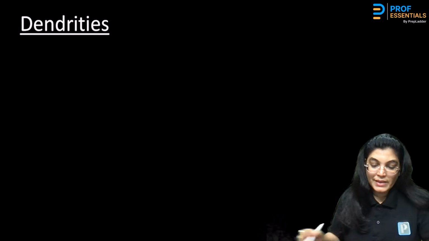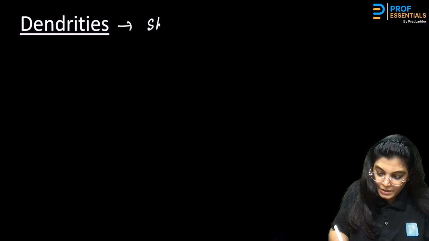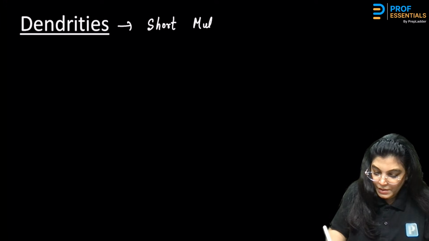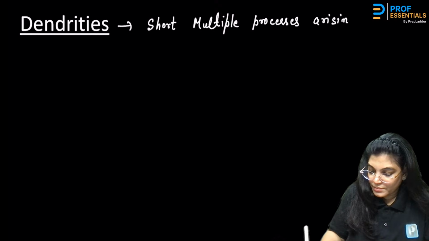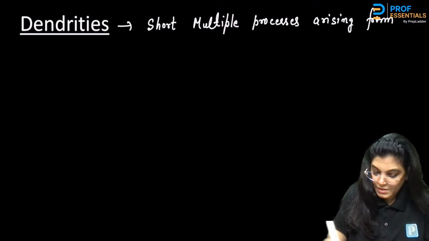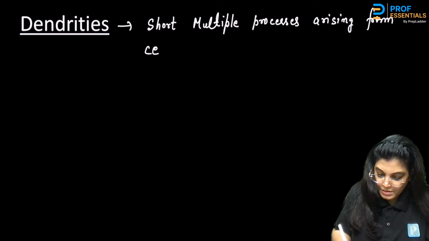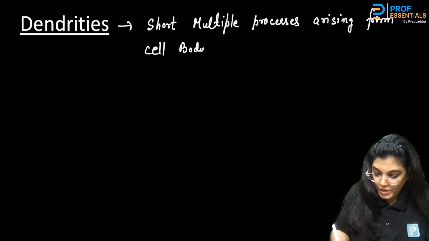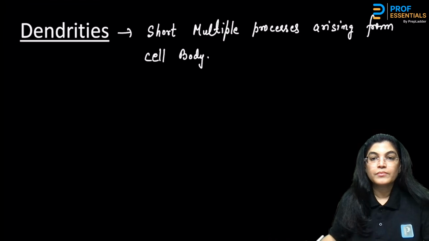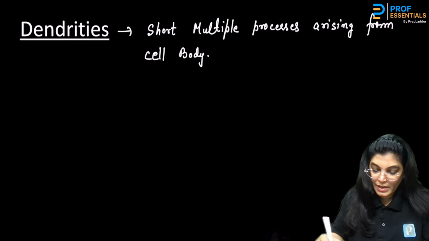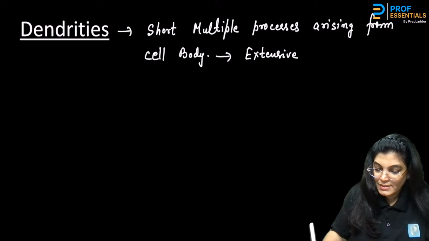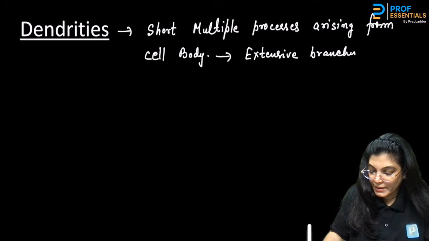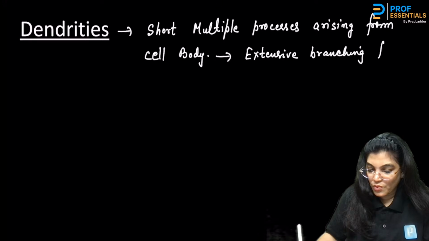So what is a dendrite? Dendrites are short multiple processes arising from the cell body, showing extensive branching form.